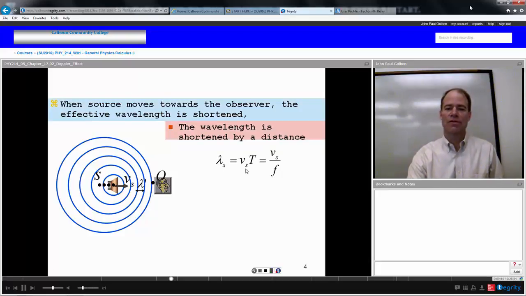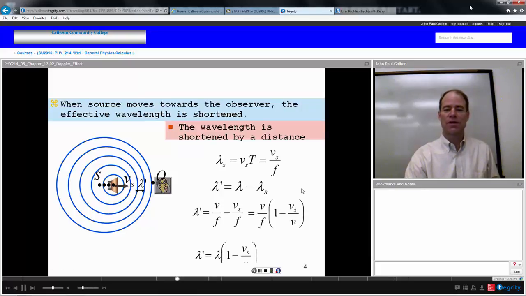This shortened wavelength is going to equal the velocity of the source times time, and that's going to be equal to the velocity of the source divided by the frequency. So I'm going to have an observed wavelength equal to the actual wavelength of the sound minus this correction for the velocity of the source.